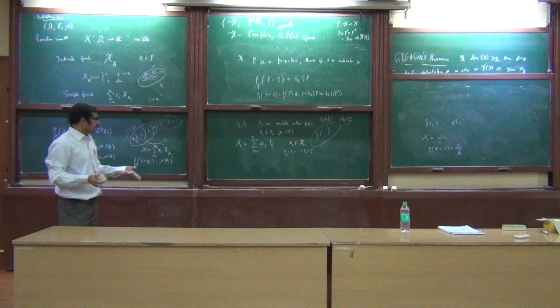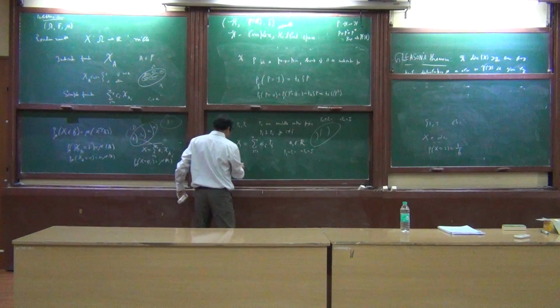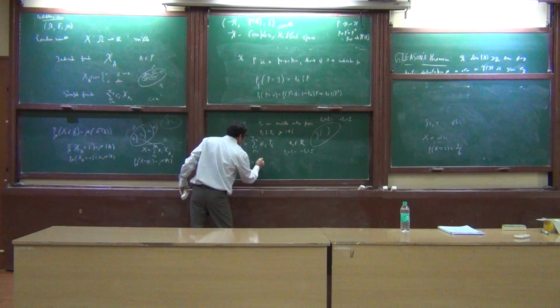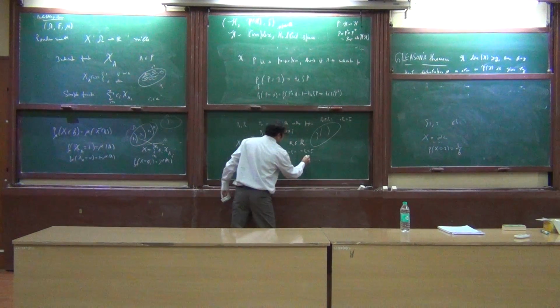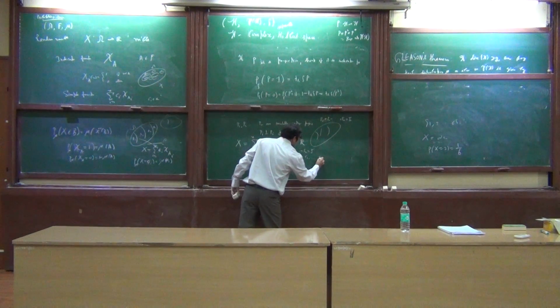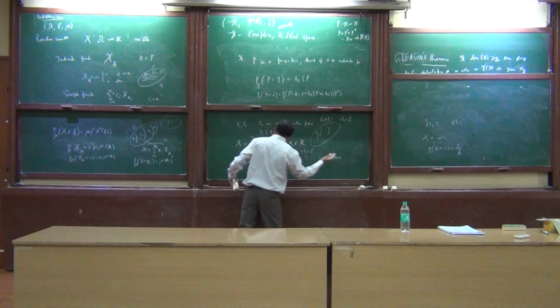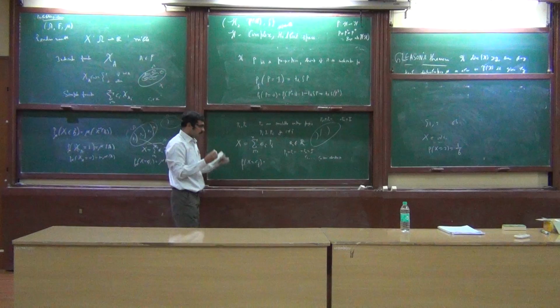So using the spectral decomposition, I can say that the probability under rho that X equals Ci is trace rho P. Let us assume that C1 to Cn are distinct, because otherwise some probabilities would merge together.